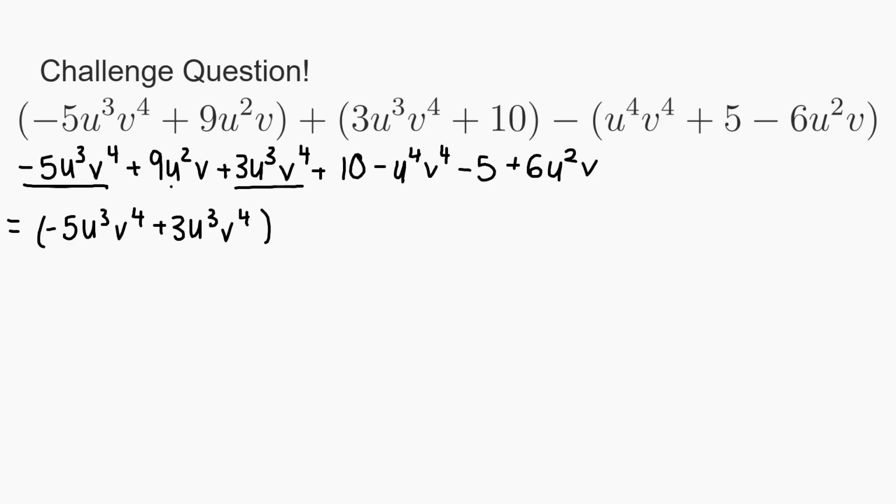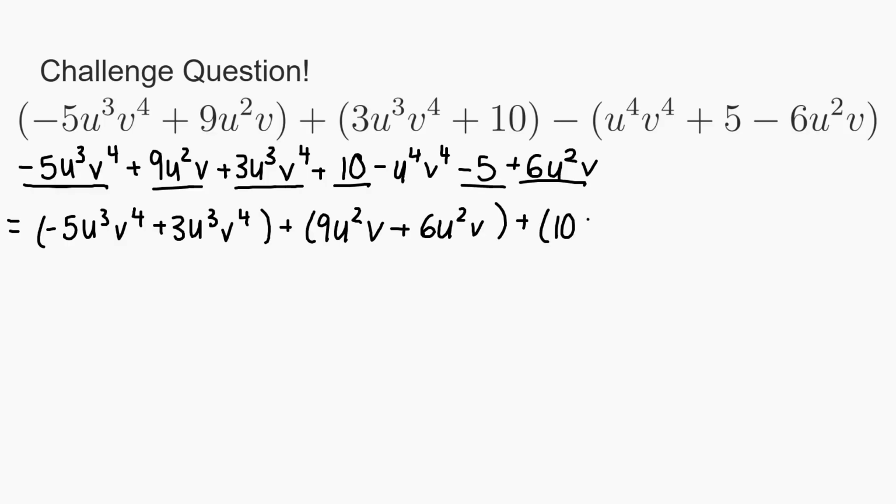Okay, and now we have this one, u squared times v. We have another one here, so we have these two. This is going to be plus 9u squared v plus 6u squared v. I think that's it as well. Okay. Then next, we can just add this plus 10, and then we have minus 5. That becomes 10 minus 5. And lastly, we have one more term, which is going to be u^4v^4. That's minus u^4v^4.